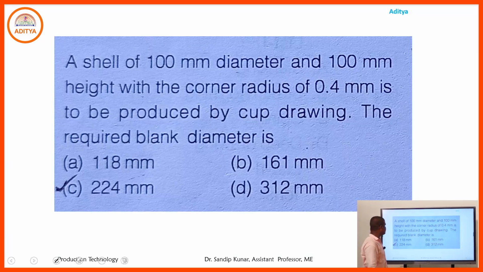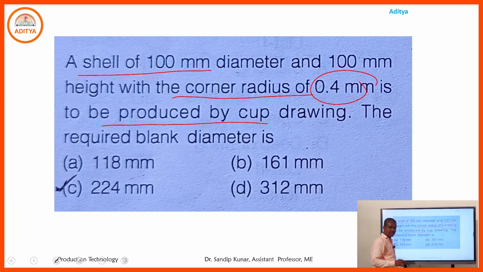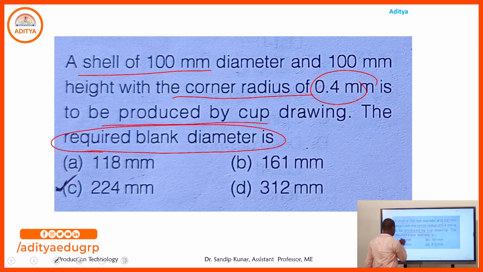Here is another problem. A cell of 100 millimeter diameter and 100 millimeter height, with a corner radius of 0.4 millimeter, is to be produced by cup drawing. What will be the required blank diameter?